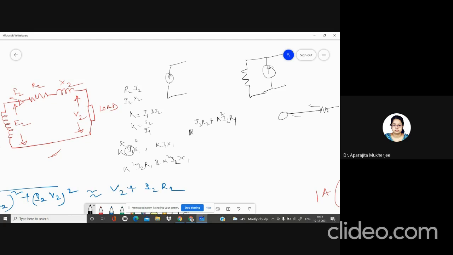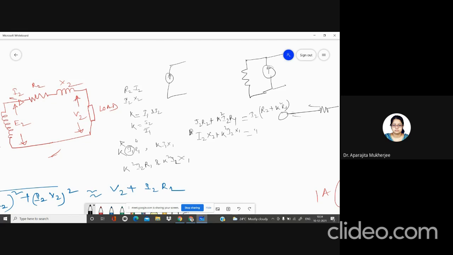If we take I2 common, we write R2 plus K square R1. And for the reactive drop, I2 X2 will be the same, plus the primary part converted to secondary, which is K square I2 X1.